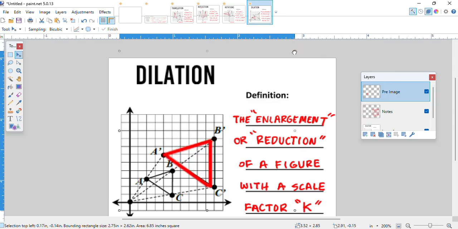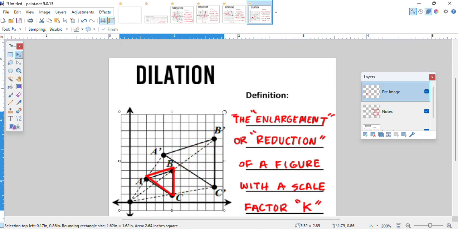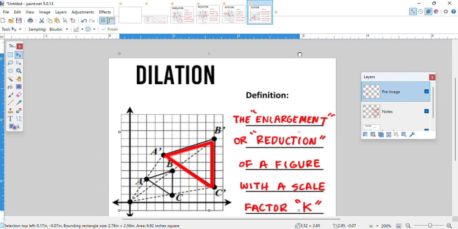If I wanted to go back, that would be a reduction. I'm reducing the size. But here I had ABC, and I enlarged it to become A'B'C'. All right. So enlarging it, our angles don't change. We've talked about how you can have different sizes with the same angles.